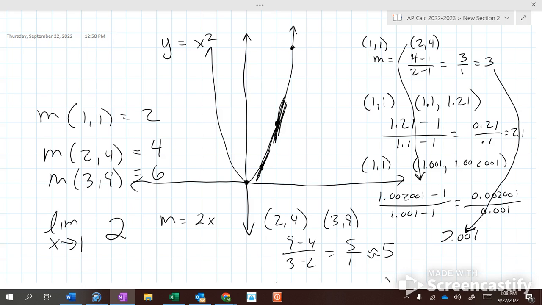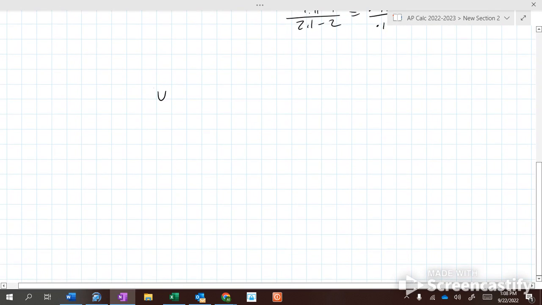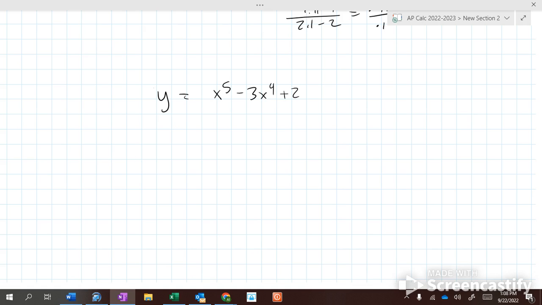So we are able to find the slope of a curve using this information. Now, what if I get an equation like y equals x to the 5th minus 3x to the 4th plus 2x to the 3rd minus 7x squared plus 5x minus 2?